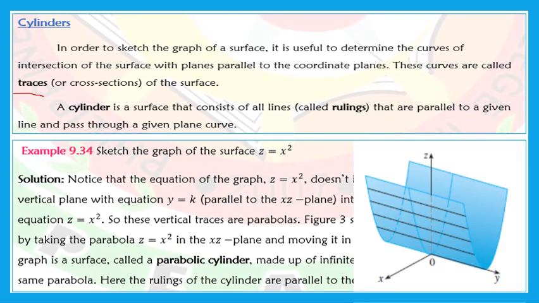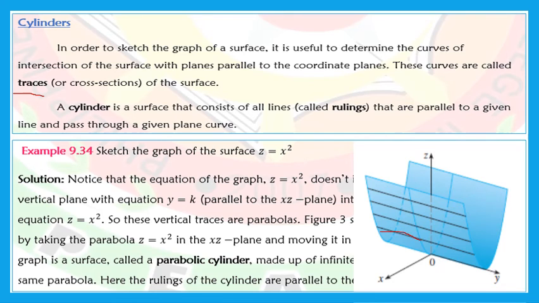Ang graph ng z is equal to x squared since it doesn't involve y, diba? So, ibig sabihin nun, kung ano yung variable na wala dito sa given natin na surface, doon yung rulings natin is parallel sa variable na yon. So, since ang surface natin is z equals x squared, walang y, ibig sabihin ang rulings niya is parallel sa y-axis.